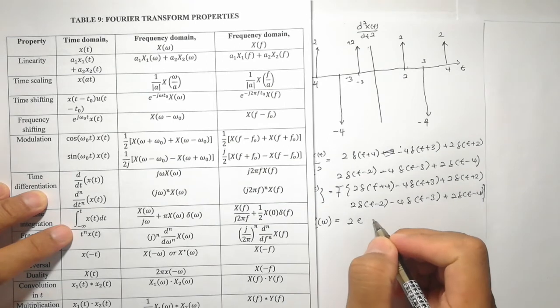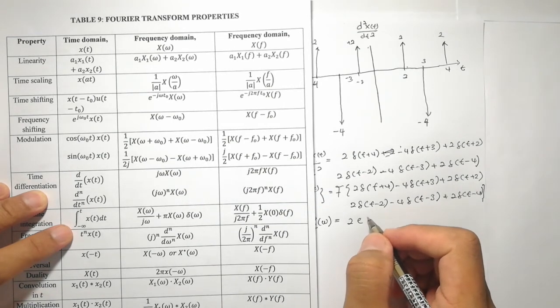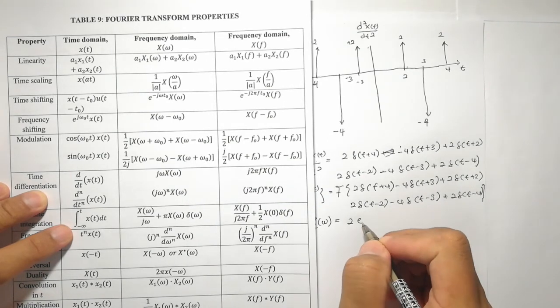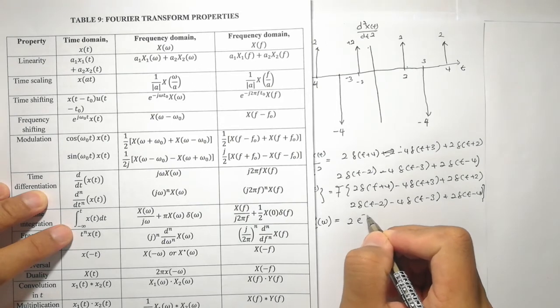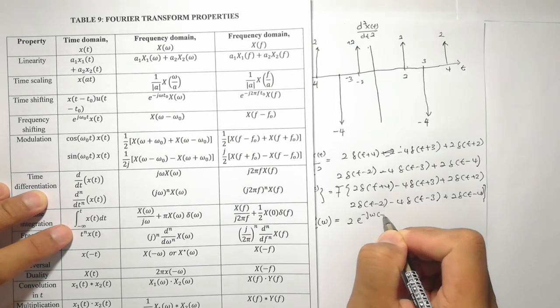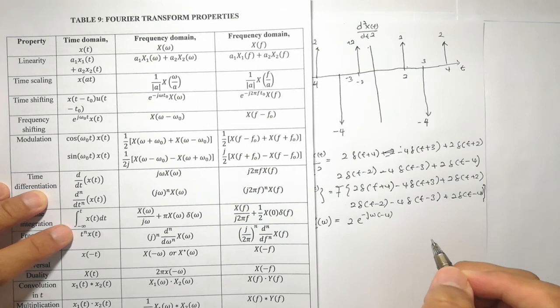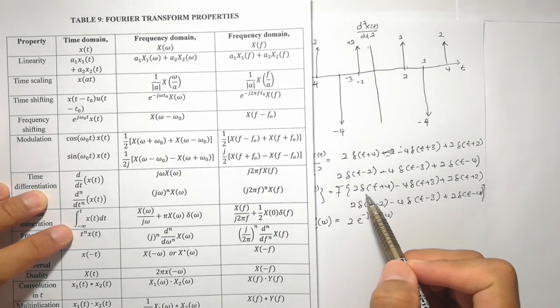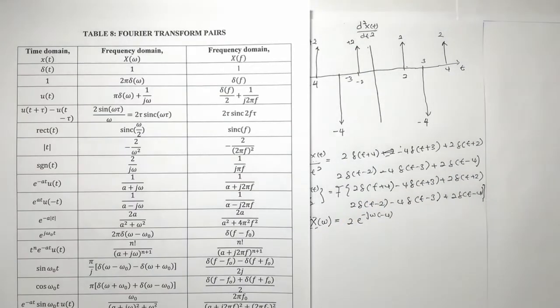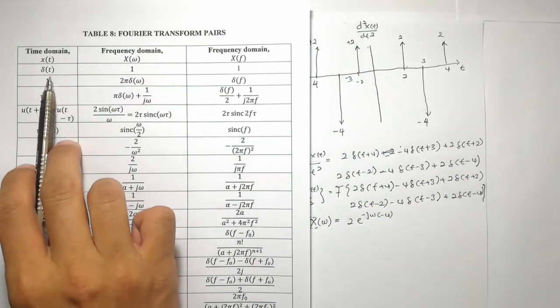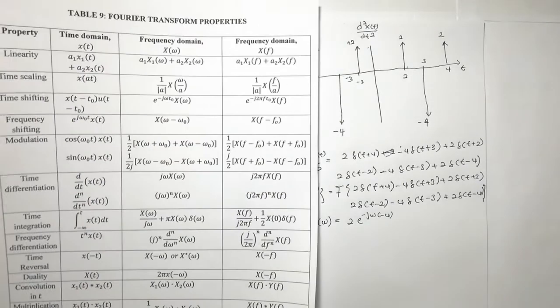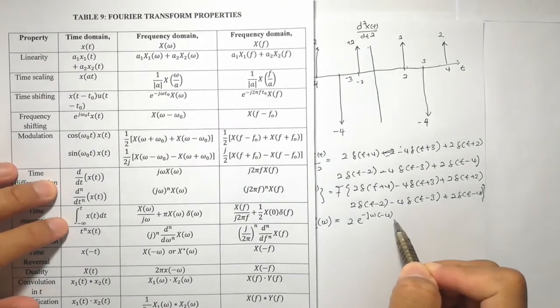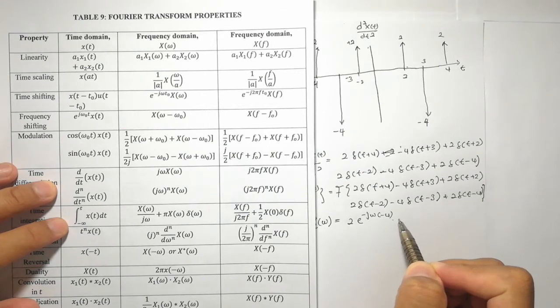e^(-j omega t0), with t0 equal to negative 4. Then we have X(omega) referring to our delta(t), which is equal to 1, so this is multiplied by 1, but I don't want to write it.